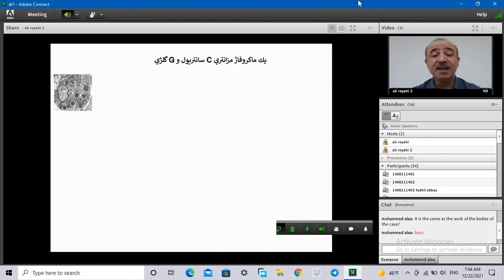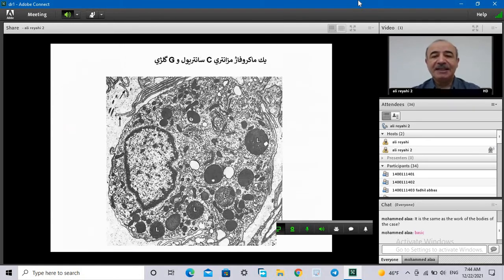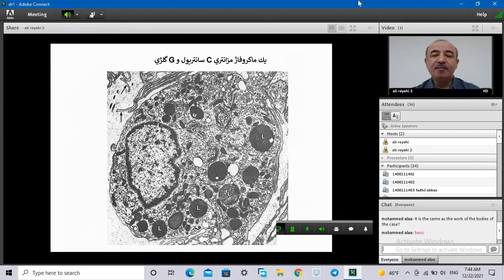the lysosomal enzymes, okay? This picture shows the macrophage cell. The macrophage cell is usually located in connective tissue, and it can phagocytize foreign particles that enter the connective tissue, for example. The cytoplasm of the macrophage cell contains many lysosome organelles with high enzyme activity, okay?